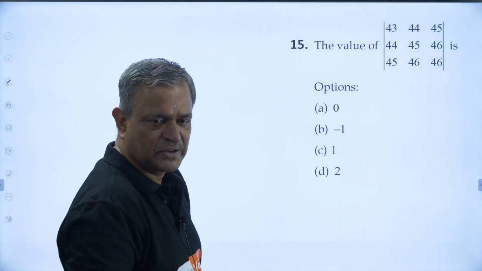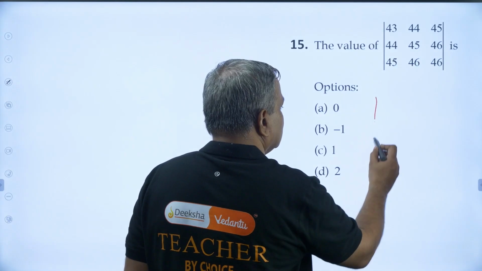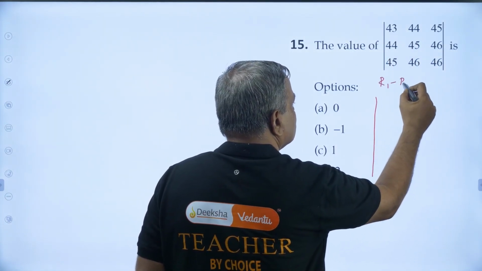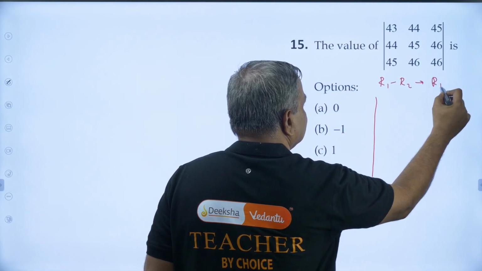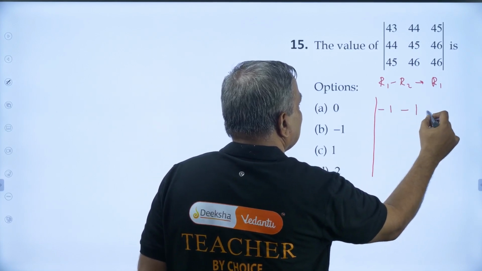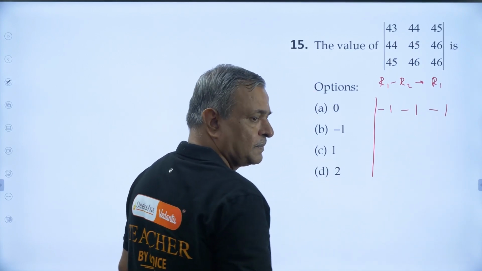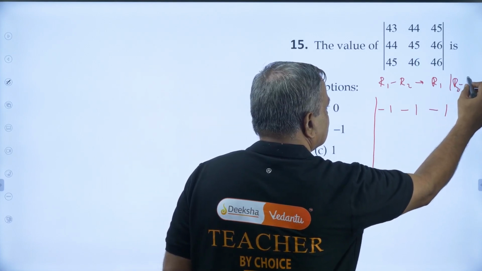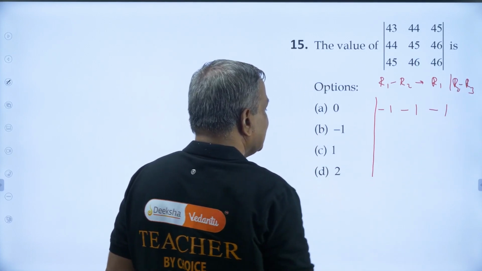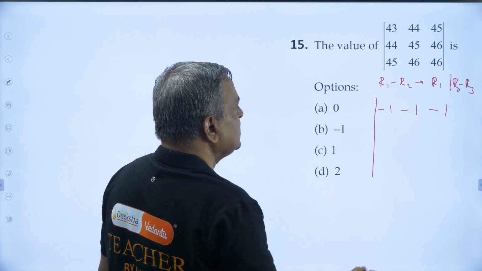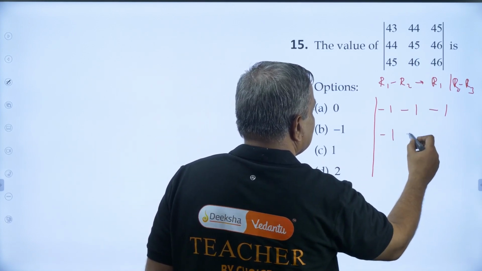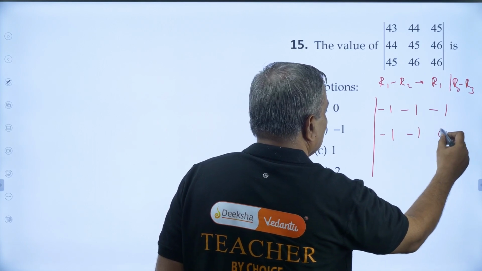Determinant, this is also very simple, you all can do it. You subtract R1 minus R2 and write in R1: minus 1, minus 1, minus 1. Again write R2 minus R3, and write in R2: minus 1, again minus 1 and again 0.